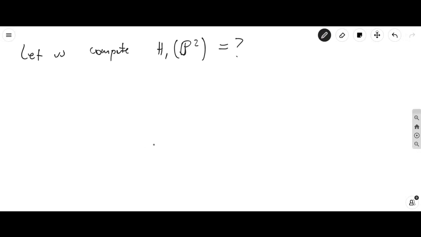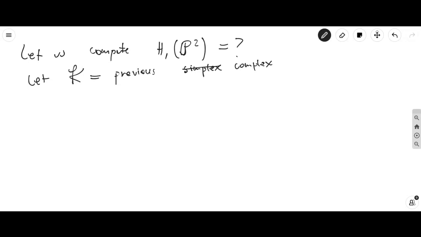Let's calculate what that is. So the way we would do this is we would start with one chains. Sorry about that. So what we do is we let K be the previous complex, a simplicial complex. So it's the one that comes from that picture.